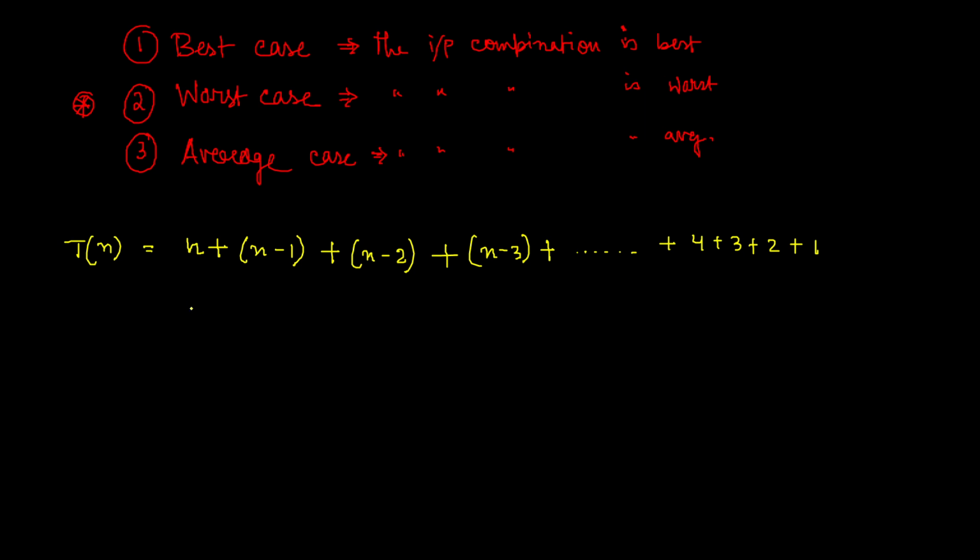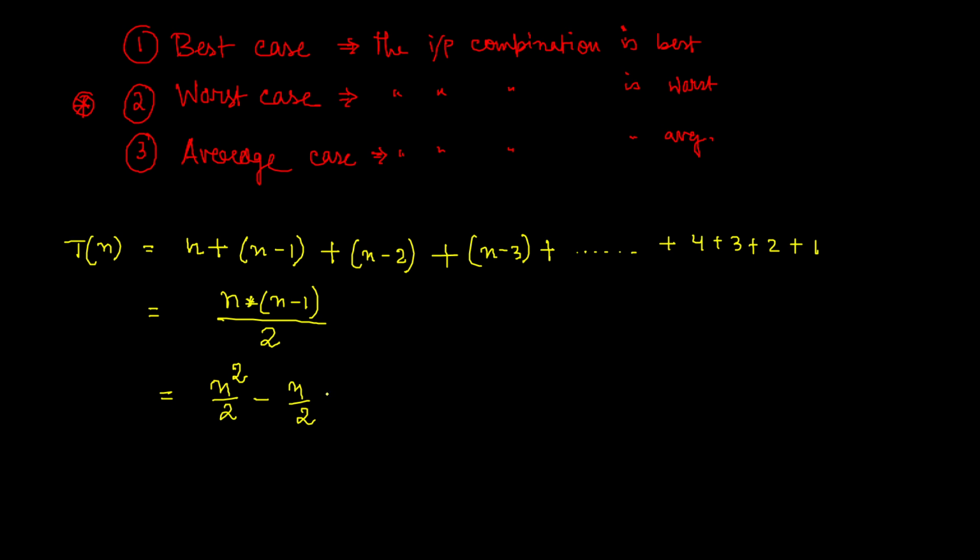Now see, this particular arithmetic progression represents a special function, what we call n into n minus 1 by 2. The performance Tn is some function of this, and it is nothing but n square by 2 minus n by 2.